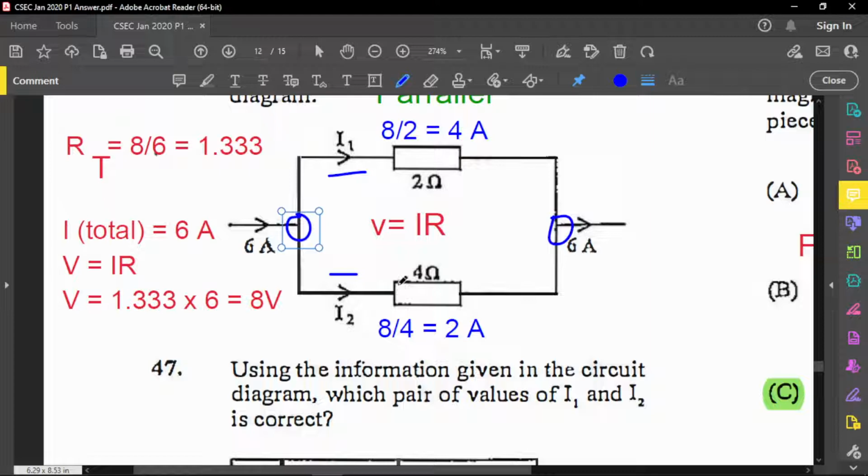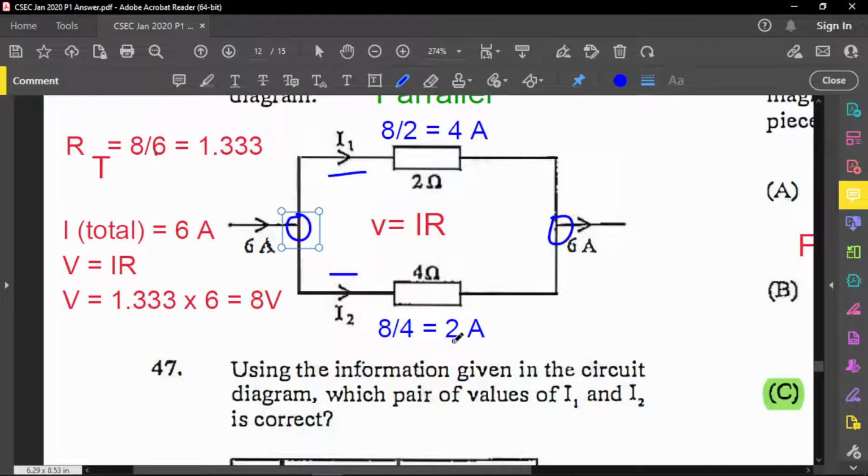And for I2, it's 8, the voltage, divided by 4, the resistance. So 8 over 4 gives you 2 amperes. Again, this proves the point I'm saying: the lower the resistance, the higher the current. The higher the resistance, the lower the current flowing through it. Higher resistance means higher opposition to the flow of current.